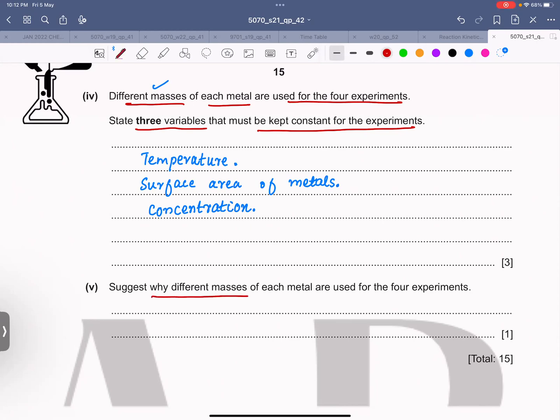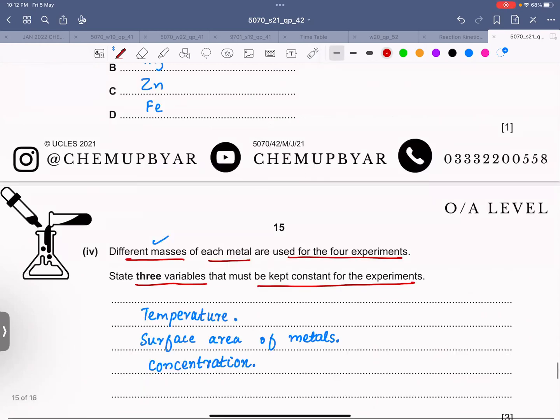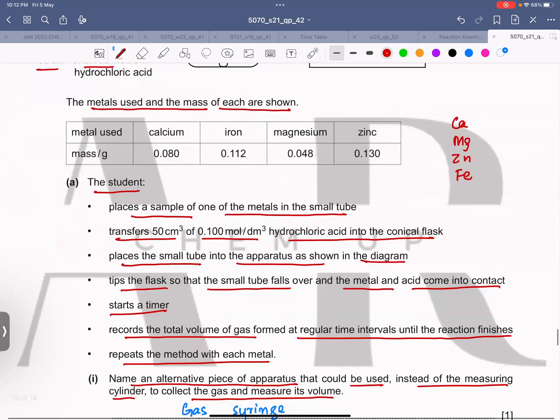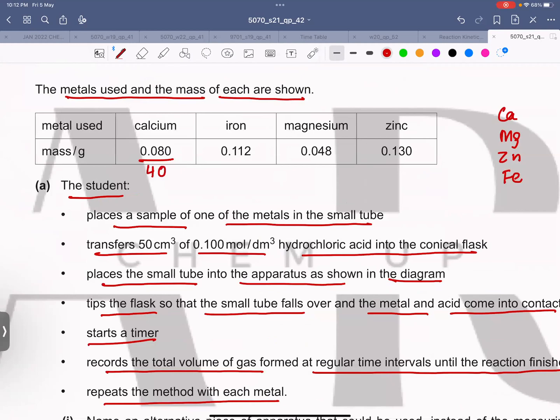Suggest why different masses of each metal are used for the experiment. That is the only possibility, because each metal has a different relative atomic mass. If we are using different masses, the number of moles that we are getting must be the same. If you want to verify, divide the mass of calcium by its Ar. Iron is 56, magnesium is 24, and for zinc I don't remember its Ar.